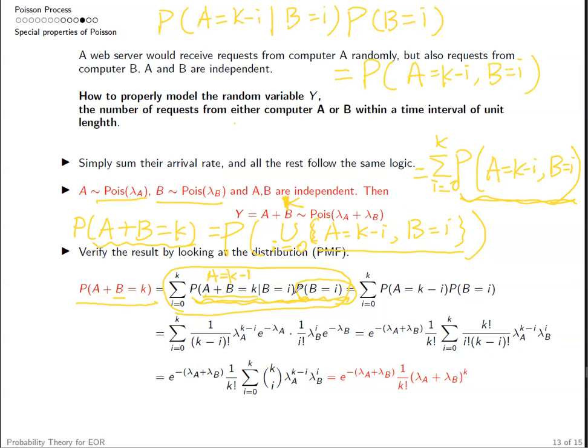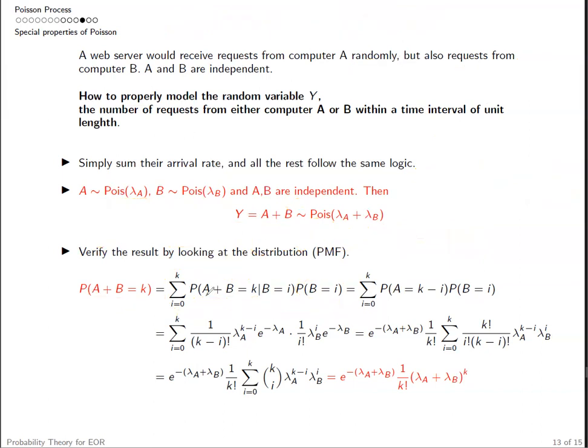So this is the first term here. It might be easier to write this event as A equals k minus i, because conditional on B equals i, the event A plus B equals k is essentially the event A equals k minus i.